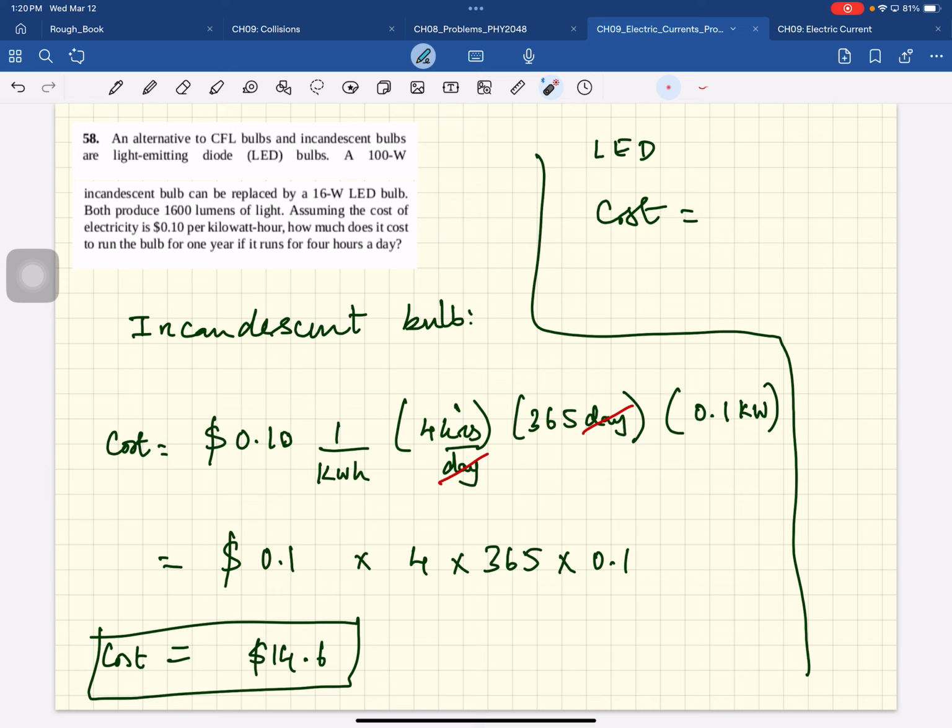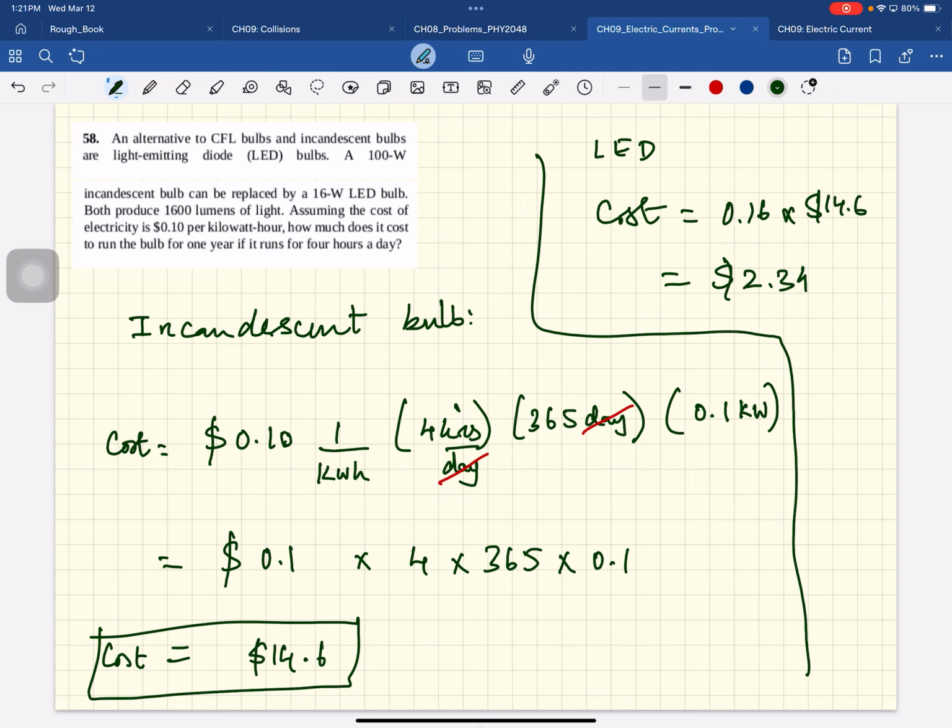So to keep the LED bulb lit, it costs you $2.34.